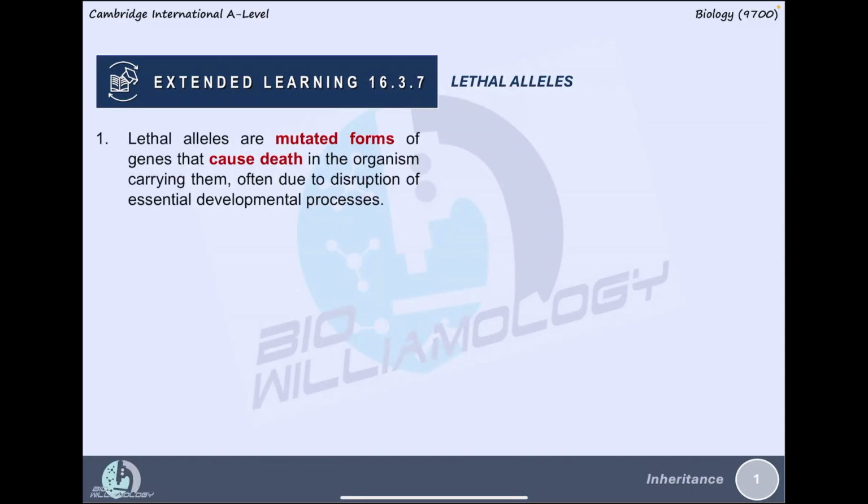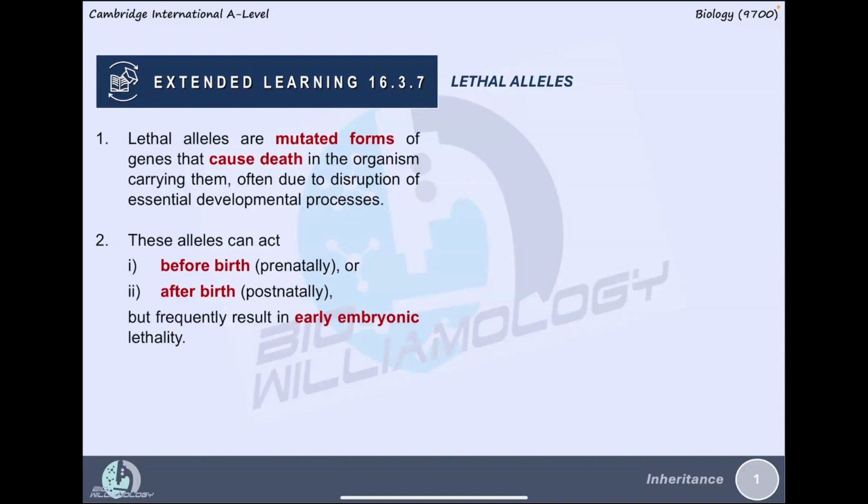So lethal alleles are mutated forms of a gene that cause death in the organism carrying them due to the disruption of essential developmental processes. This allele can act before birth, after birth, or, more frequently, results in early embryonic lethality.